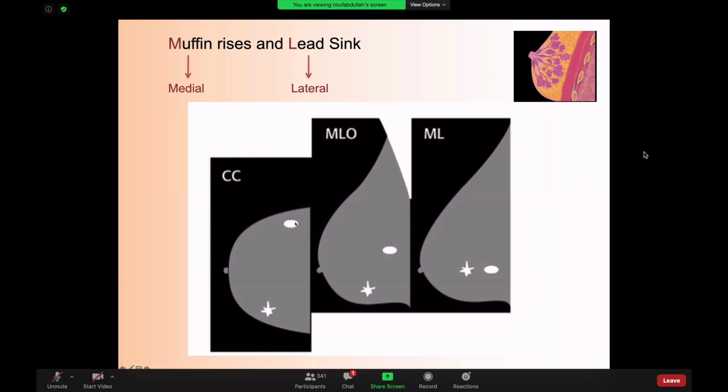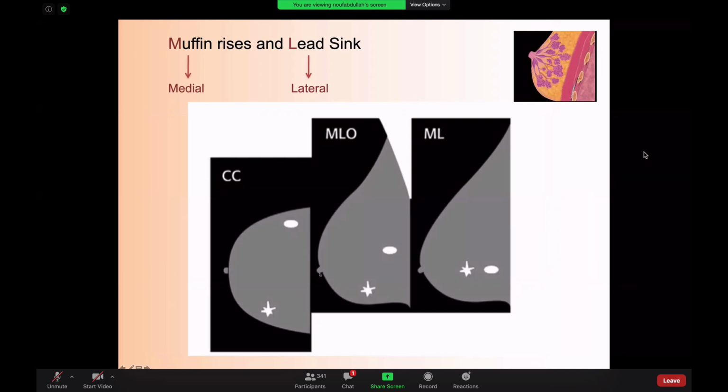when you have a lesion, this round oval lesion in the lateral part of the breast, so this is the CC view. For the junior residents, R1 and R2, anything located here, we said lateral, anything located here, medial. So let's say that I'm talking about the right breast. This lesion is located in the right lateral aspect of the breast, and I see it located here on the MLO view.